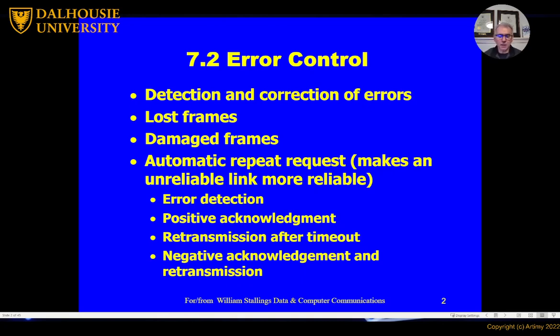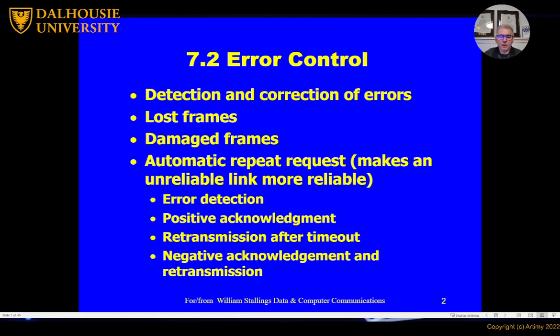The one is the stop and wait protocol, where the transmitter sends a packet or a frame and then waits for the acknowledgement. And once the acknowledgement is received, another frame is sent and so on.